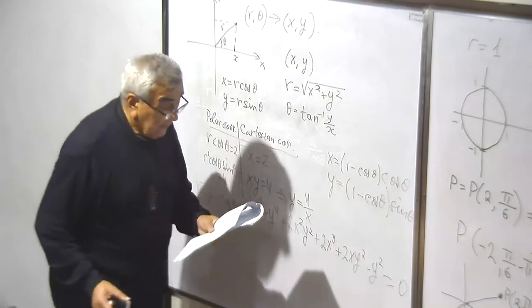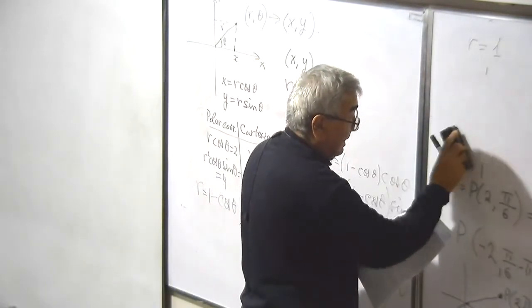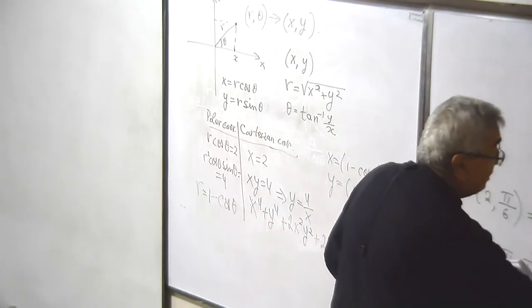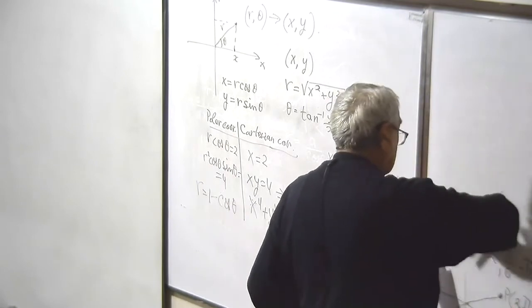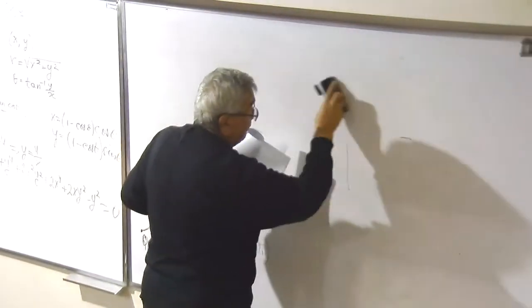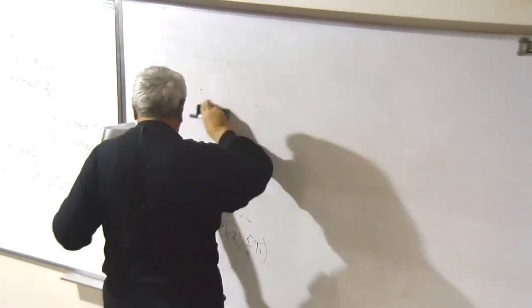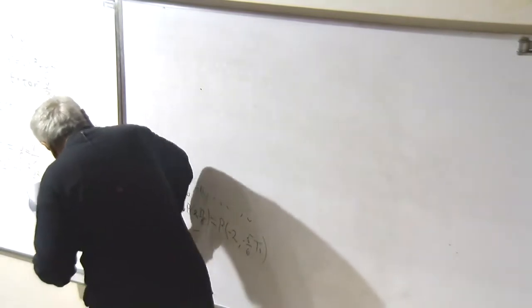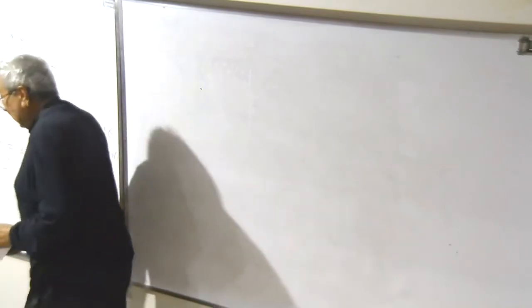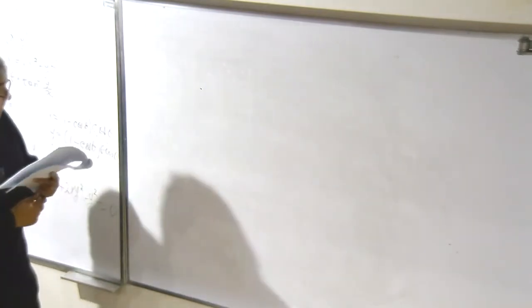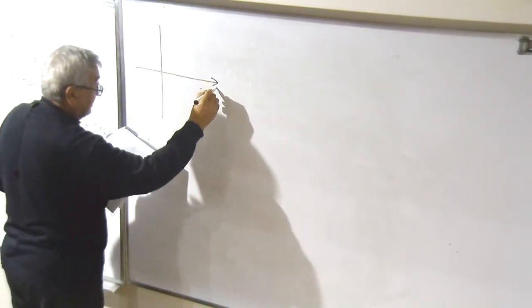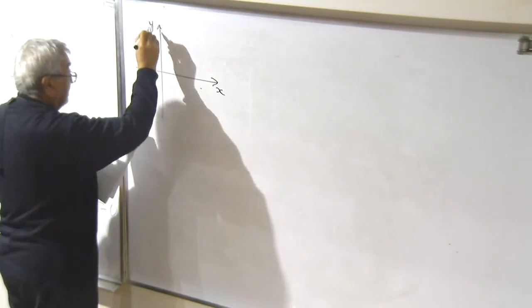Now, if this graph is defined by polar coordinates but is plotted on the Cartesian coordinate system, how do we find the slope of this graph? Let me remind you how we define it when we have the graph of a function in the x, y plane.